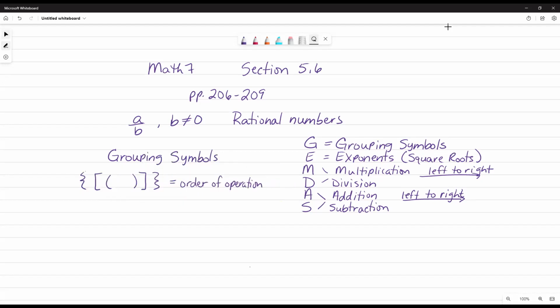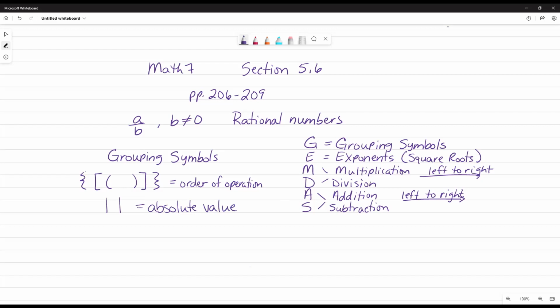So there's like regular order of operation grouping symbols. But we also have these guys here. What are those straight lines called? Are they familiar? Don't remember? This is absolute value.